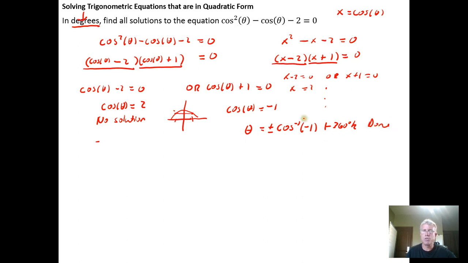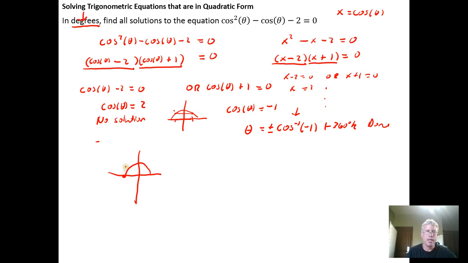I've got all solutions, but I do want to look at this and say, hey, can I simplify this here? Does -1 correspond to a side ratio or an x coordinate on the unit circle that is associated with a special angle? And we know that the cosine inverse function is only defined from 0 to 180 degrees.